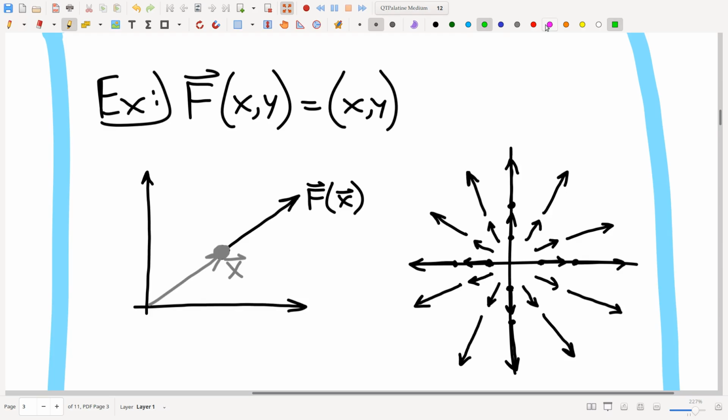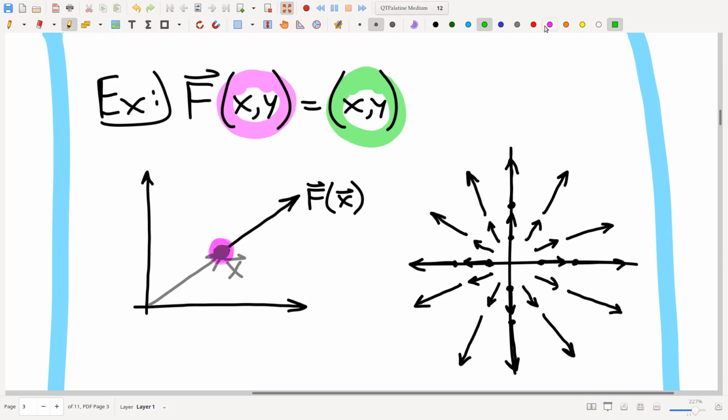Okay, so what this says is, at every point x, y, keep in mind the input we view as a point. A point is a location. It says here that my field vector is also x, y. But keep in mind, despite the input having been viewed as a point, the rule is, if you're talking vector fields, the output you have to view as a vector. So how can I take that input point and understand it as a vector?